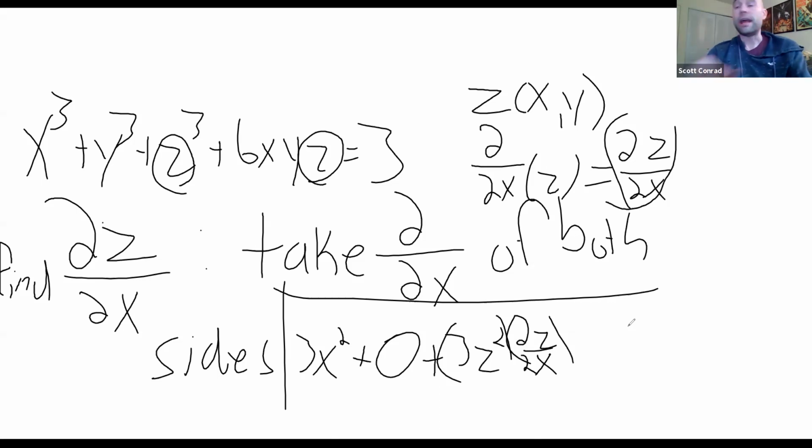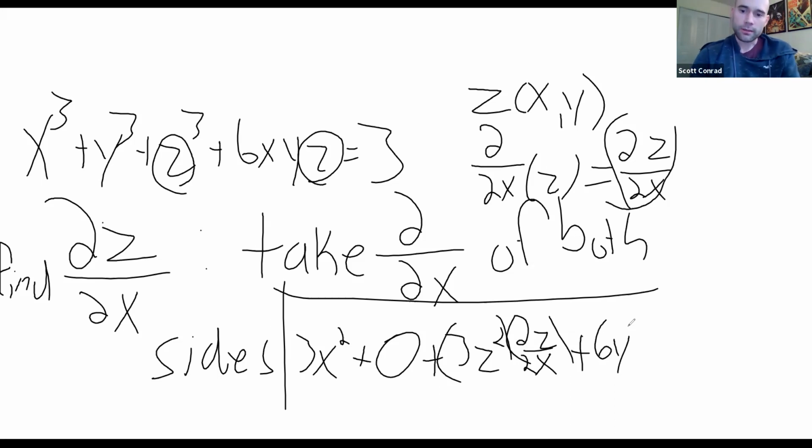Okay. And then we have plus 6xyz. Now we have to use the product rule. So we're treating y as a constant, and 6 is also a constant. So 6y, we'll just write that out there for simplicity, and then x times z. Both of these, we can take the derivative with respect to x, so we have to do the product rule.